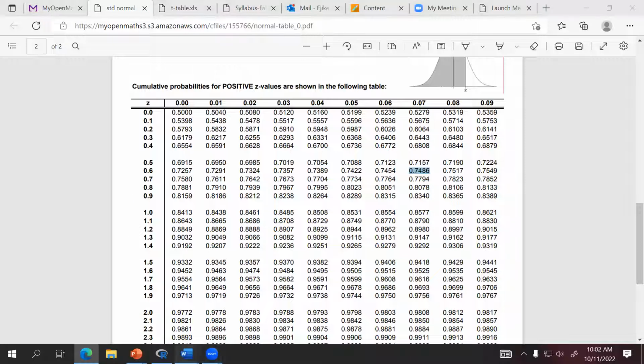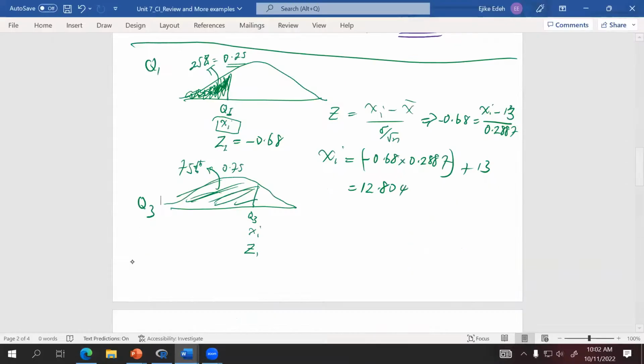Okay, so let's go back to our worksheet. So we know that the Z value we have here is the Z value of 0.67, okay? But again, we need to convert it to the X equivalent, and we are using the same formula. We know that Z is equal to our data point minus the mean divided by standard error, right? Because we are dealing with central limit theorem.